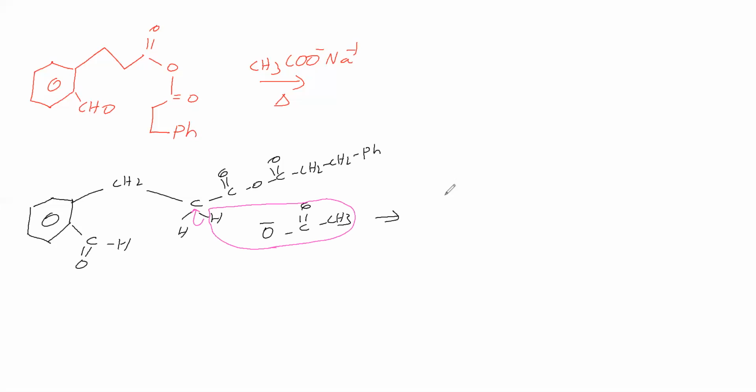So now we can say this phenyl ring, this aldehyde group we will write, here we will write CH2, here we will write CH with a lone pair and negative charge.